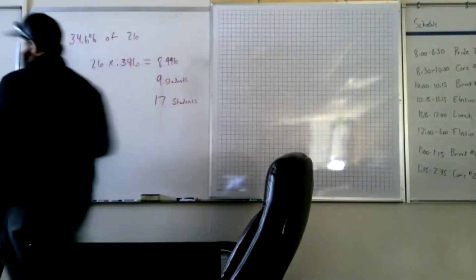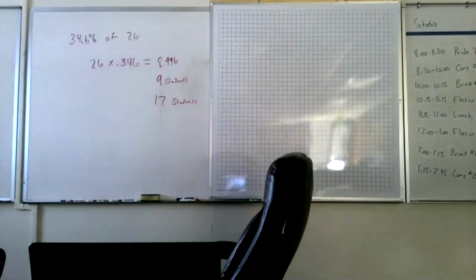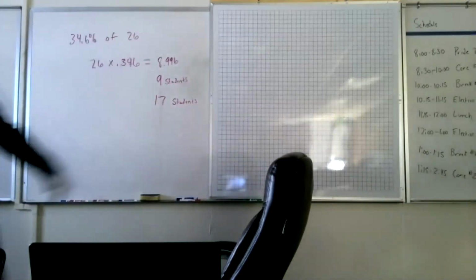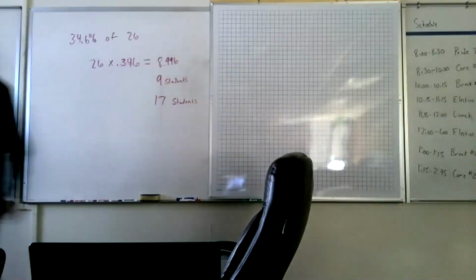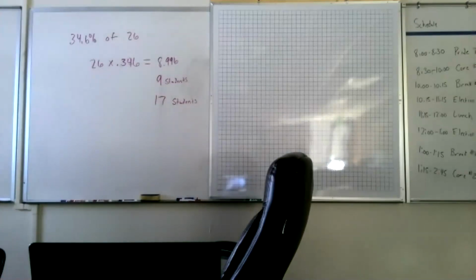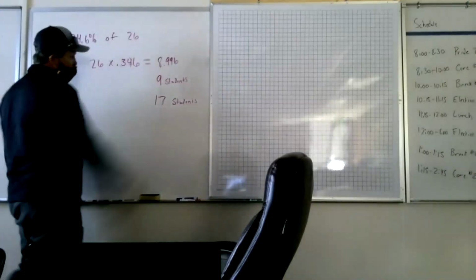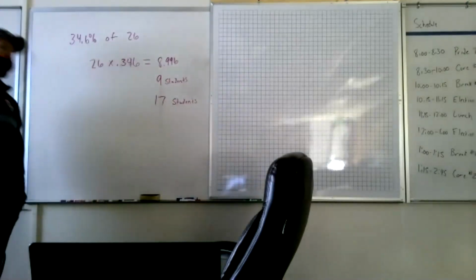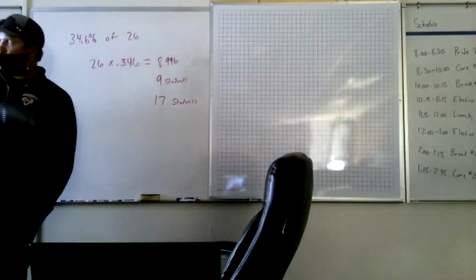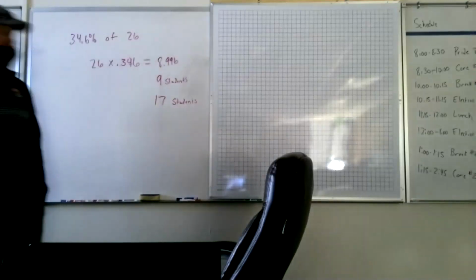Because 9 plus 17 is 26, and you can't have a partial human being. That's why we round to the next whole. Okay, so this information says that there are 17 students in each eighth grade class that have fewer than 2 siblings.